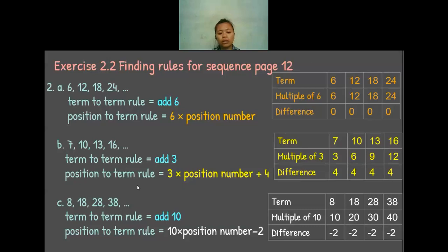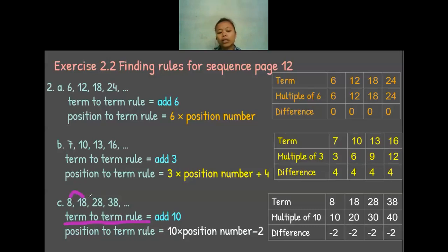Okay. For C, same thing here. I know question 2 did not ask you to make the table, but I will do it by making a table, because it will be easier for me to find the position-to-term rule. The first thing you have to do is find the term-to-term rule. The term-to-term rule is the difference between each term and the next term. From 8 to 18, we add 10.